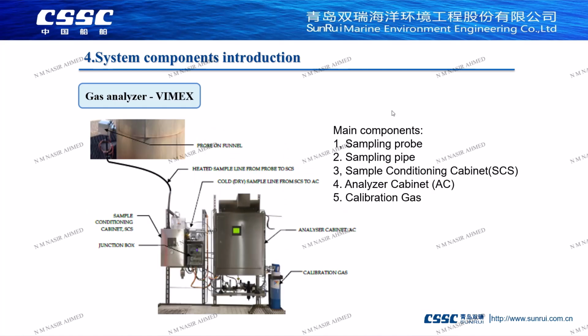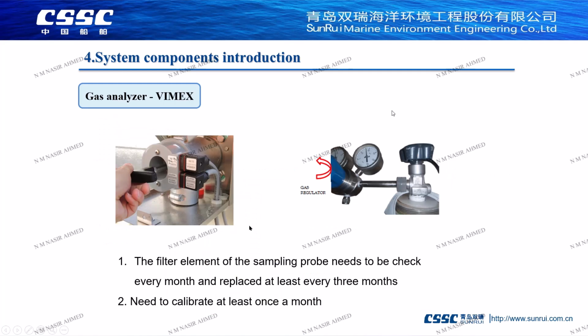Next is the VMAX type of flue gas analyzer. It mainly includes a sampling probe, sampling pipeline, a sampling adjusting cabinet, an analysis cabinet, and sample gas. For the VMAX flue gas analyzer, the sampling probe also needs to be checked every month and the filter element replaced at least every 3 months.